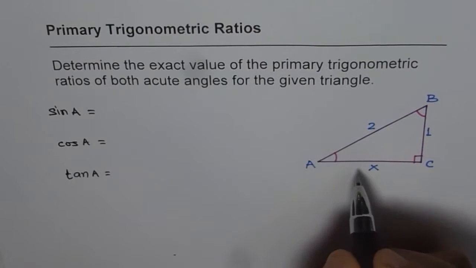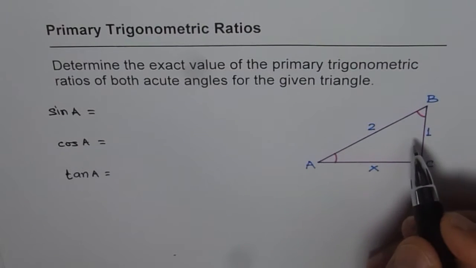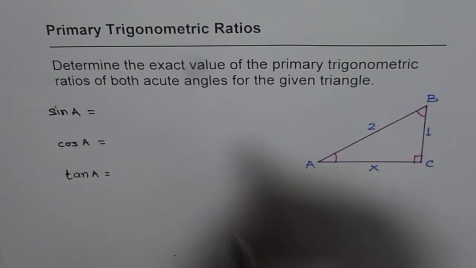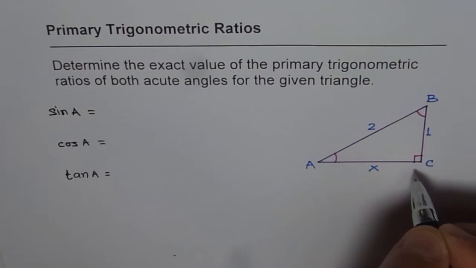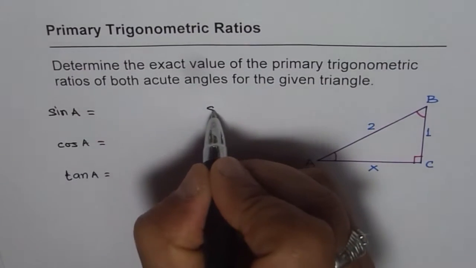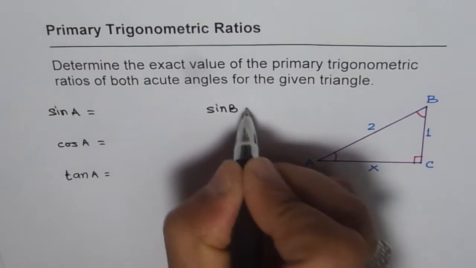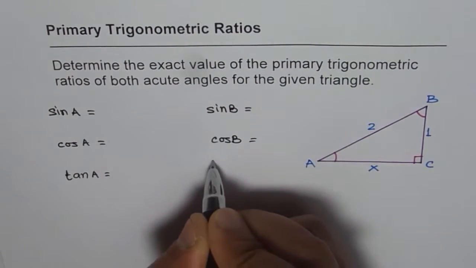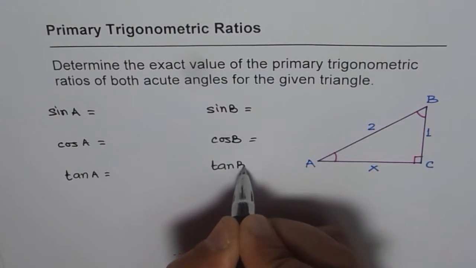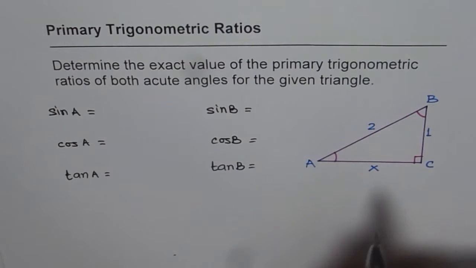And we also need to find sine, cosine, and tan of angle B. These are the two acute angles in this particular triangle, correct? So we have to find what is sine of B, what is cosine of B, and what is tan of B. Remember, we have to find the exact values.